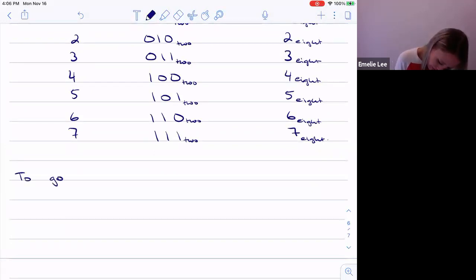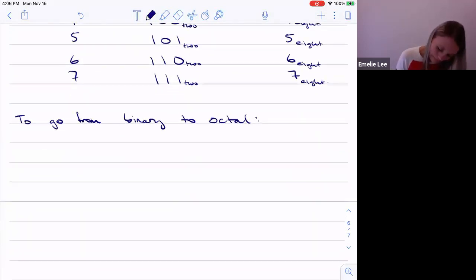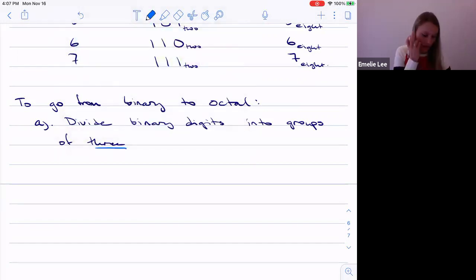So to go from binary to octal, the first thing you're going to do, I'll call it A, is divide the binary digits into groups of 3. And I'll underline the 3 digits.